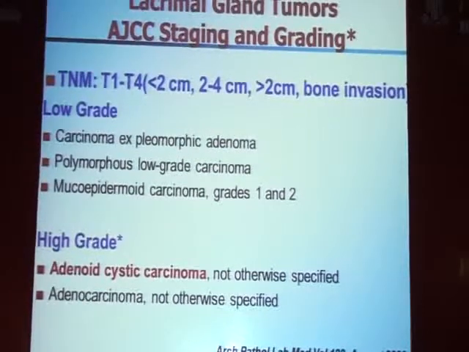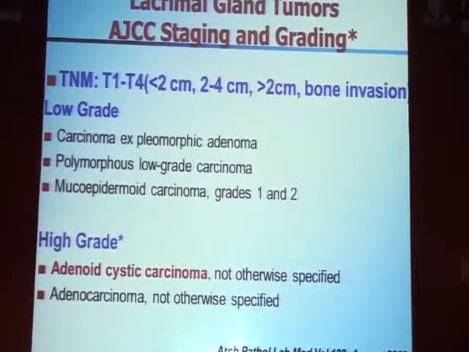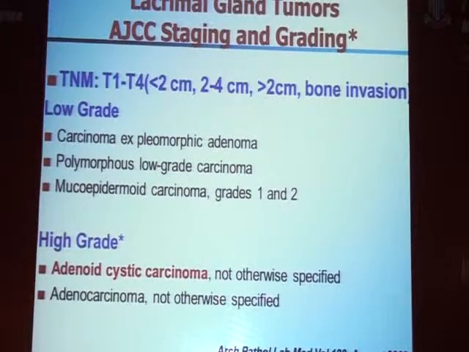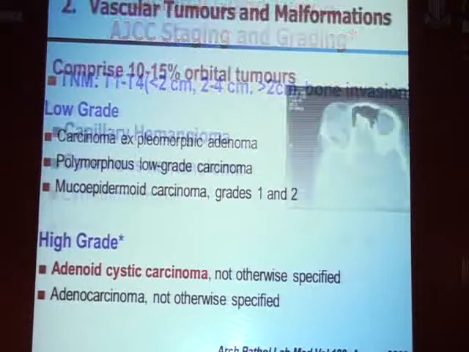And then the low grade and the high grade variants are also there, depending on the histology. Pleomorphic adenomas which become malignant come into the low grade category, whereas adenoid cystic carcinomas are regarded as very high grade tumors. So histopathology is very important for further management of lacrimal gland tumors.